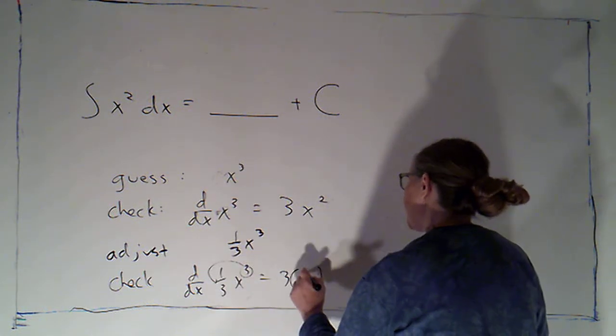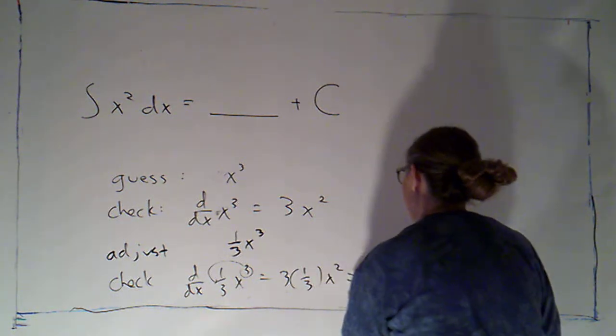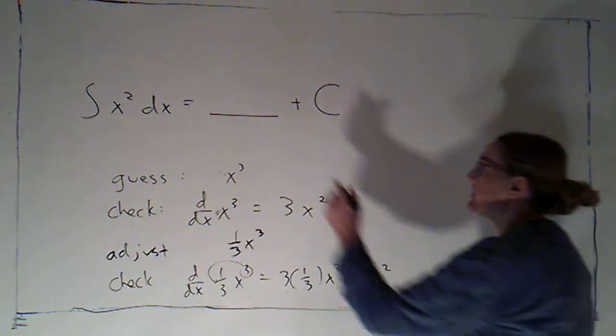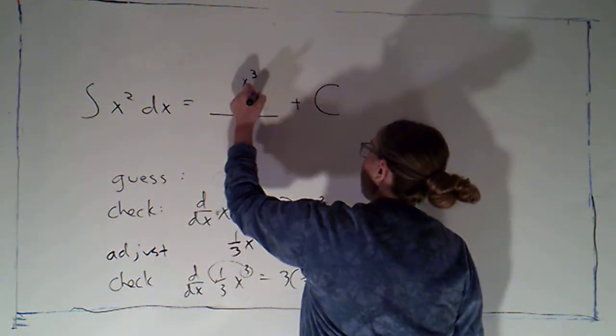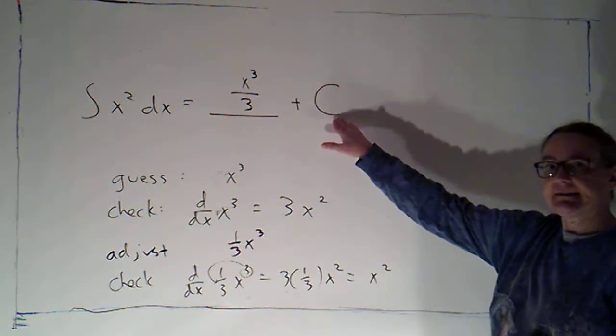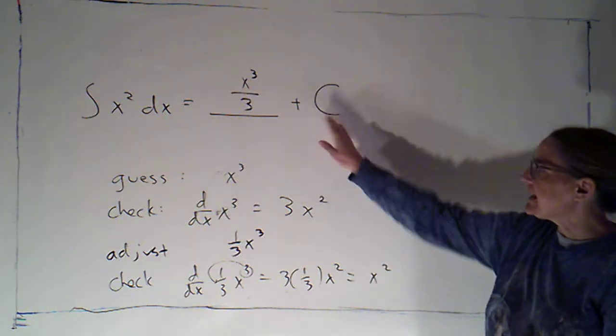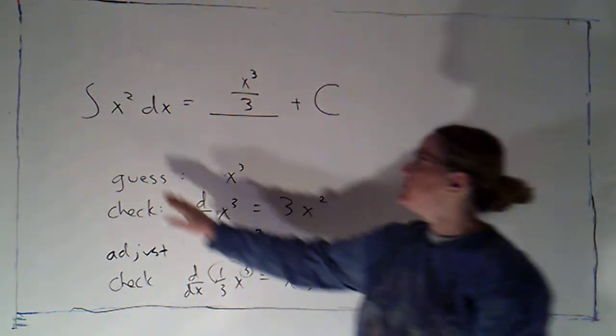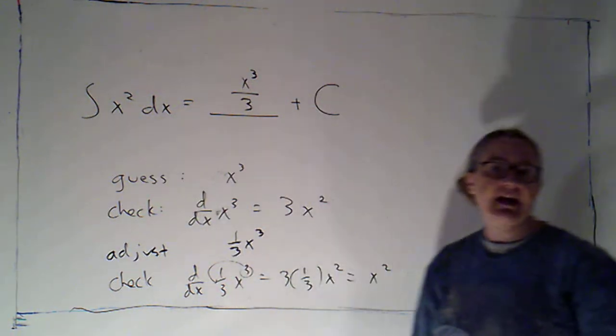So I get 3 times 1/3 x squared, which is just x squared. So I'm going to say my antiderivative is x cubed over 3 plus c. That gives me the general antiderivative, or the family of all functions whose derivative is equal to x squared.